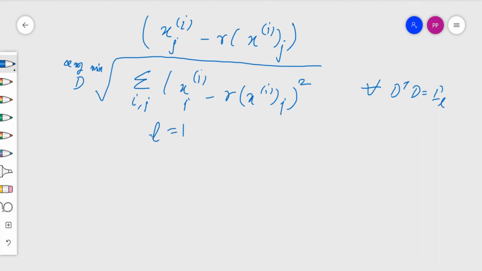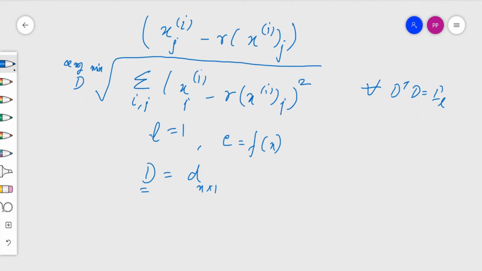Then C equals f(x) is a single number or single element, and in that case we have D equals small d. Why? Because D is no more a matrix, it is decoding from a single element to an n element.